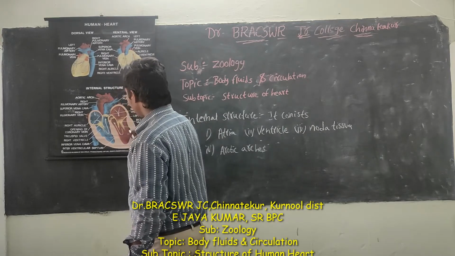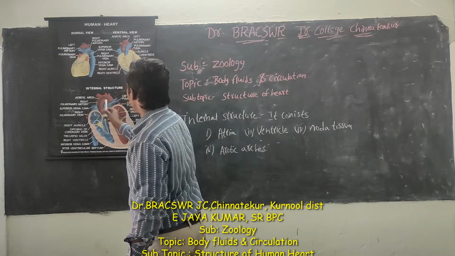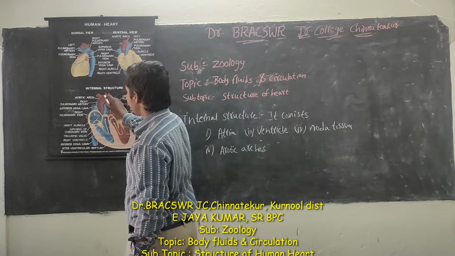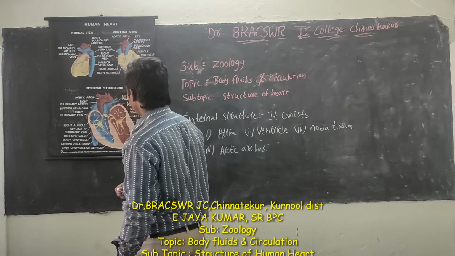Aortic arches: one is the pulmonary arch, the pulmonary artery, and the systemic artery.